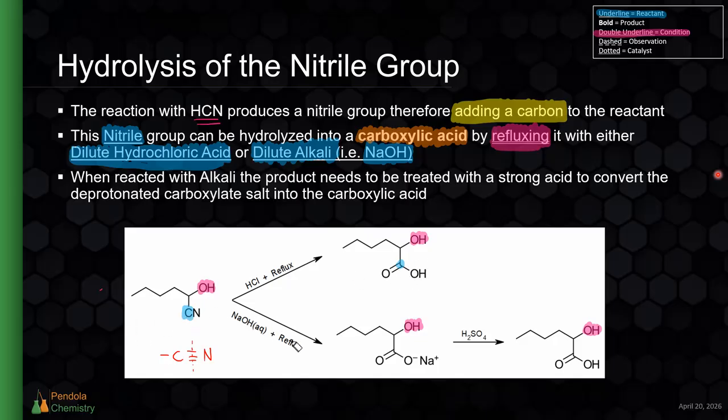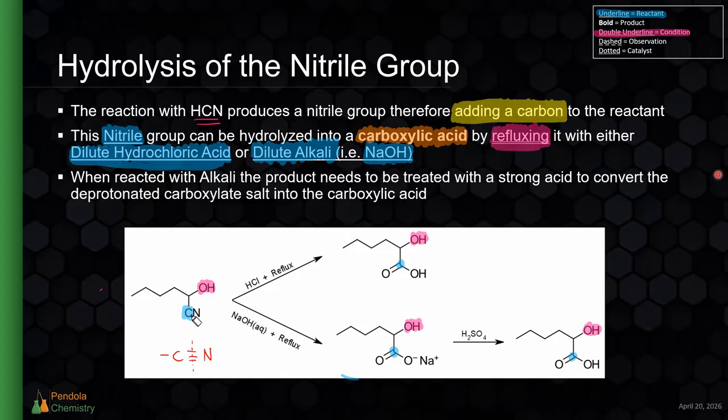If we use the base, we'll get the same carboxylic acid carbon, so carbon double bond oxygen, but it'll be an O minus, because the carboxylic acid cannot exist in basic conditions. It exists as a carboxylate ion. And then that carboxylate ion can be acidified with sulfuric acid, or really any acid, to give us the carboxylic acid.